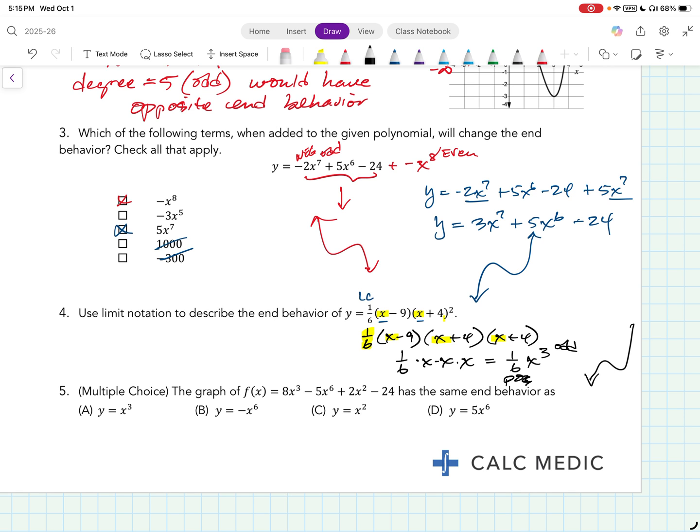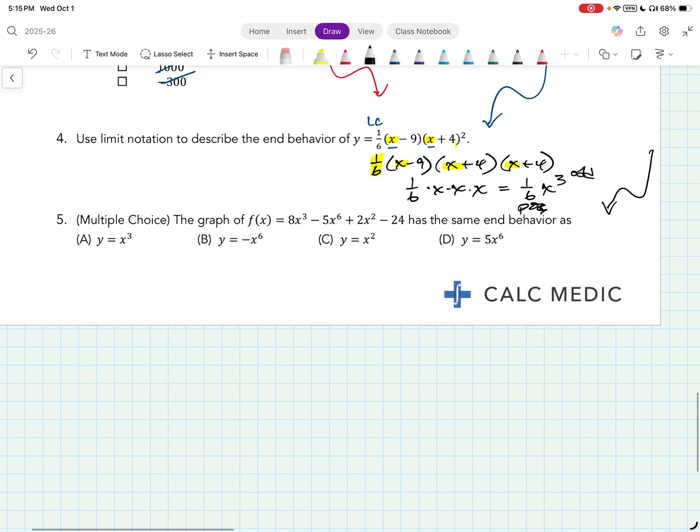And so use limit notation. Here we go. We have the limit of the function as x approaches infinity, which means to the right. It's going up to the right, so it's equal to positive infinity.